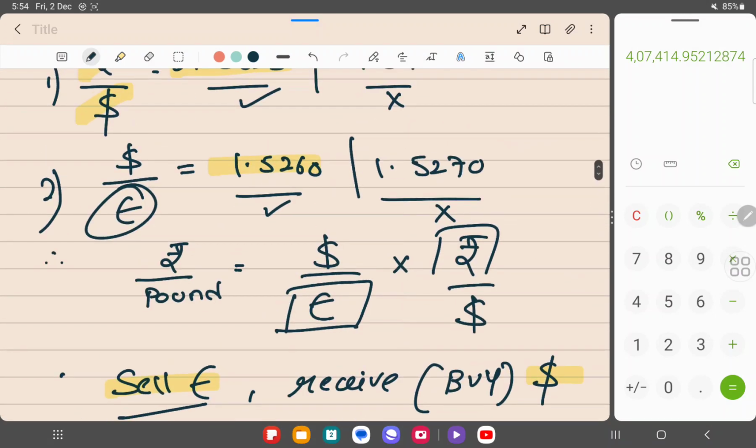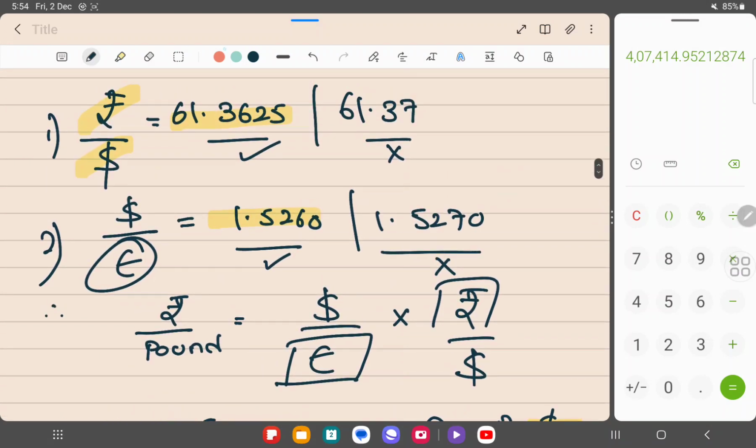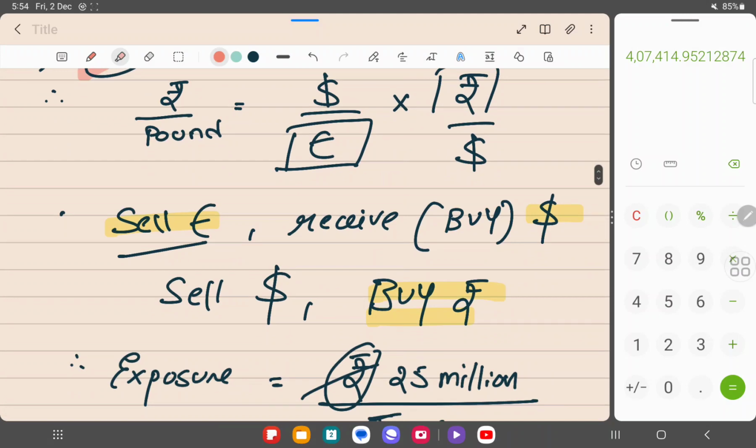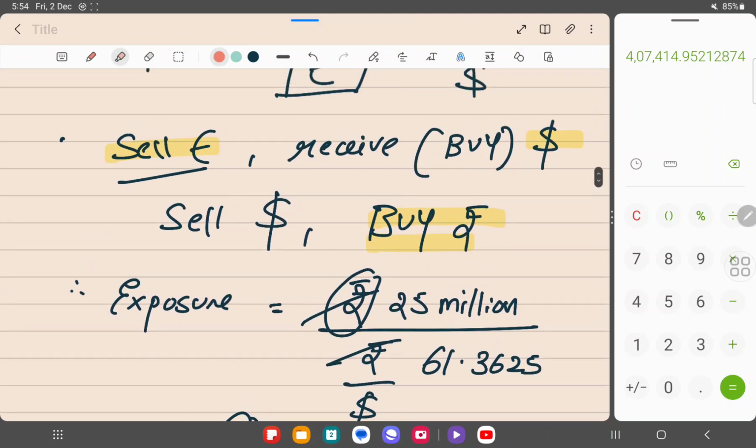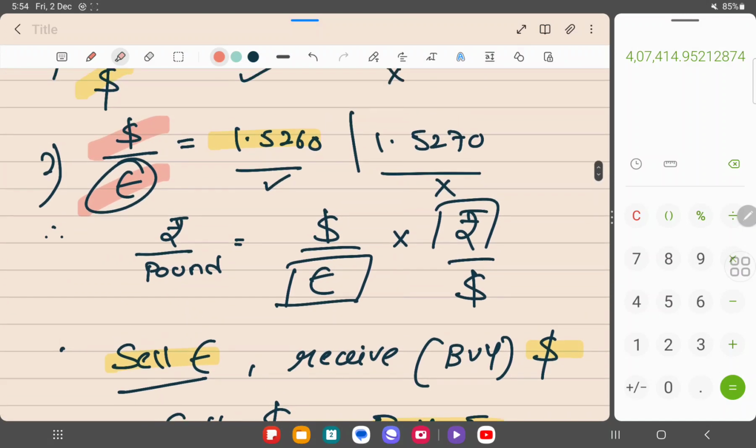The other quote that we have is this one, dollar upon pound. The exposure for me right now is dollar, and the direct quote that I have is a pound quote. If you look carefully, dollar upon pound, a direct pound quote is there. So again, the currencies are not matching, they are different, so you have to divide this.